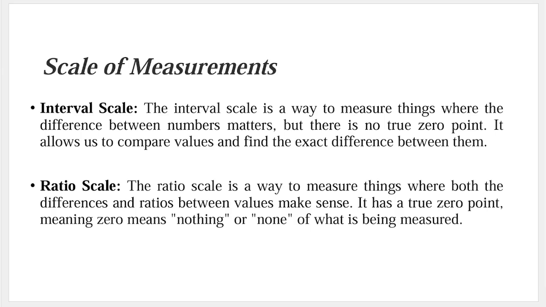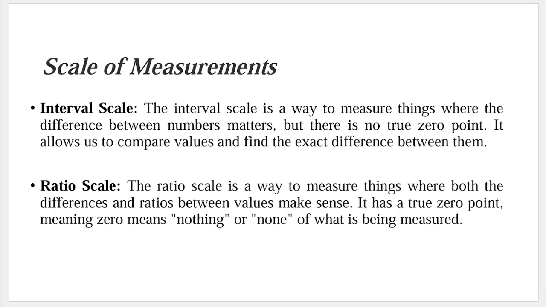This is the highest level. It has both meaningful differences and a true 0 point. For example, weight or height, 0 means absence of the quantity. So, as we move from nominal to ratio, the level of information increases.